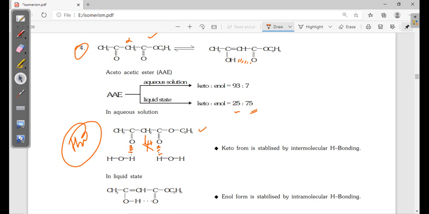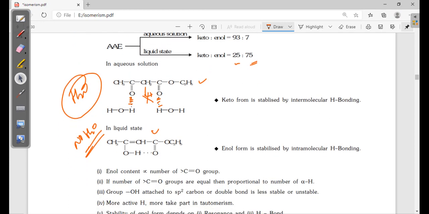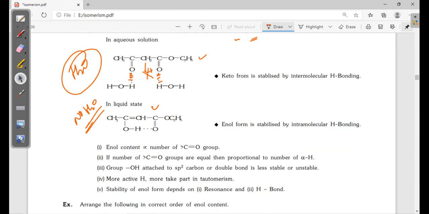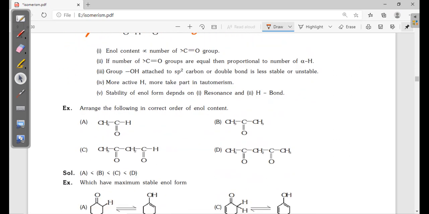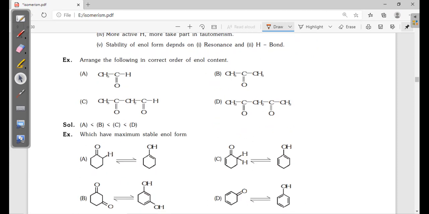But in the liquid state there is no water, so hydrogen bonding forms, and obviously the enol form percentage is more. These are the logics you have to remember. Then you can solve these questions. Pause the video.